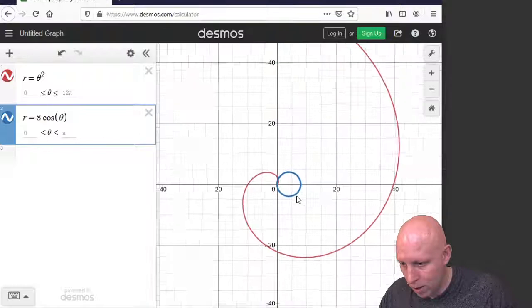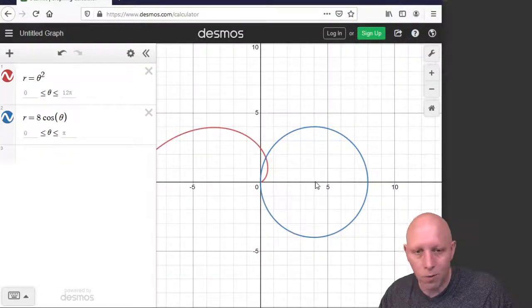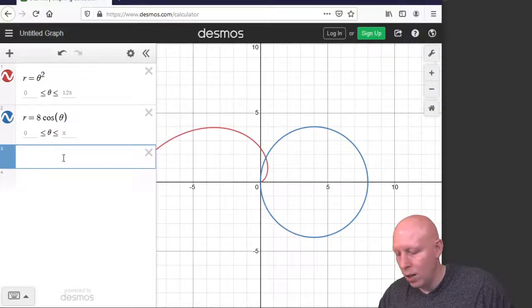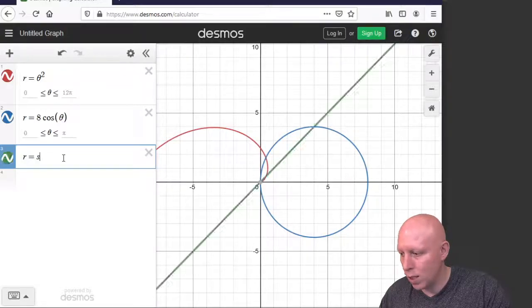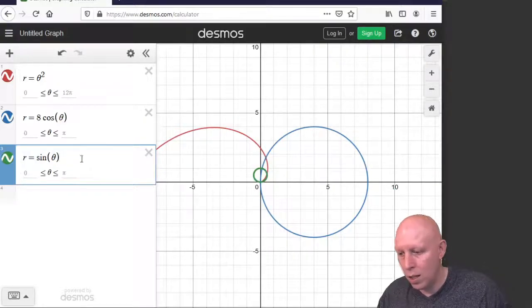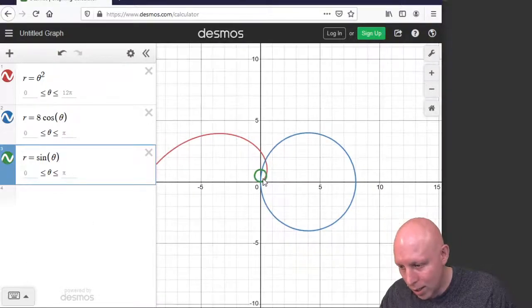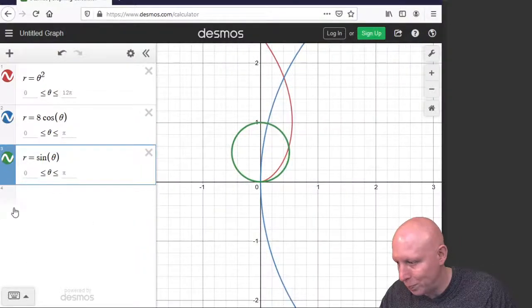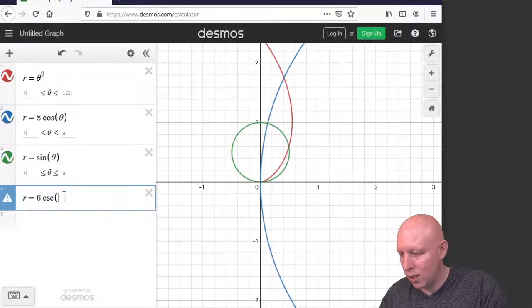All right, if we look at this function, we see that is indeed a circle that's centered at 4, 0. We also have the equation r is equal to sine of theta, and that gives us this circle here, centered at 1/2, 0. Then we had equations like r is equal to 6 cosecant of theta.